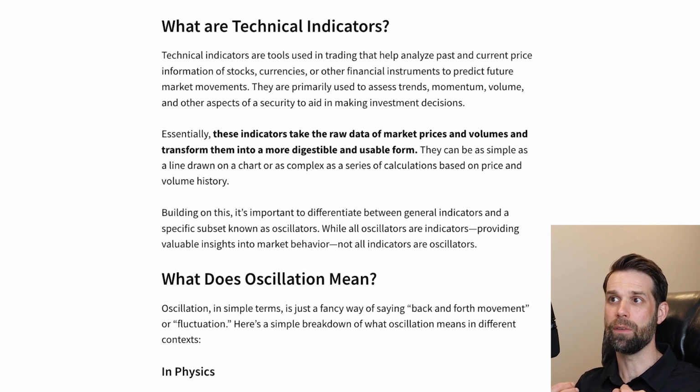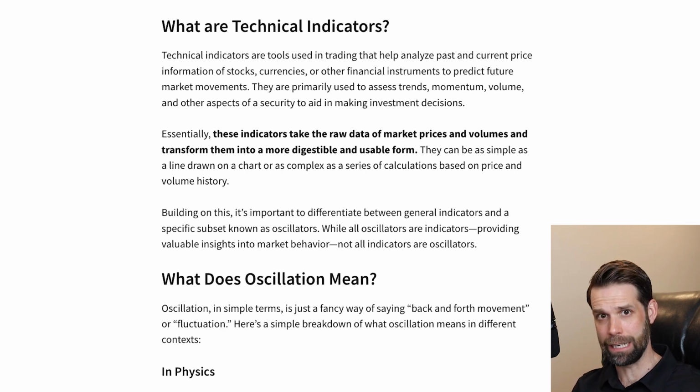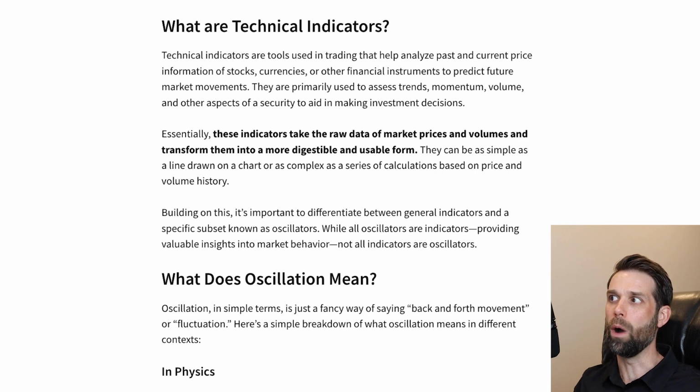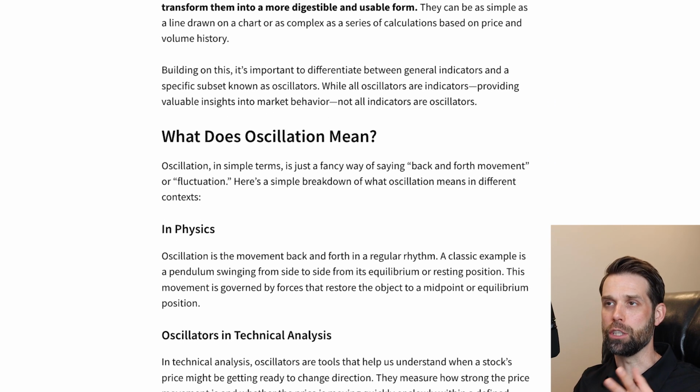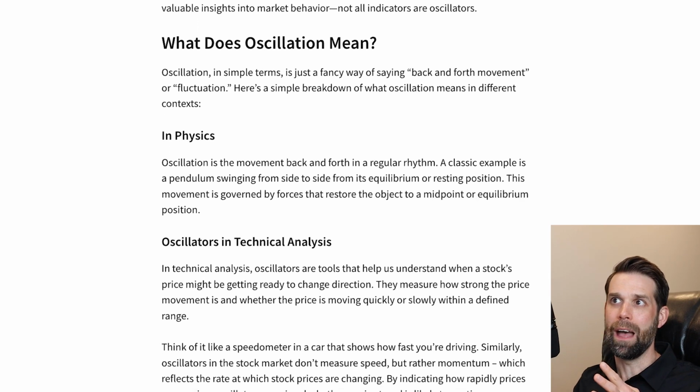Building on this, it's important to quickly differentiate between a general indicator and an oscillator. All oscillators are indicators, but not every type of technical indicator is an oscillator. So we'll get into what an oscillator is and what oscillation means. You might want to quickly review that here.